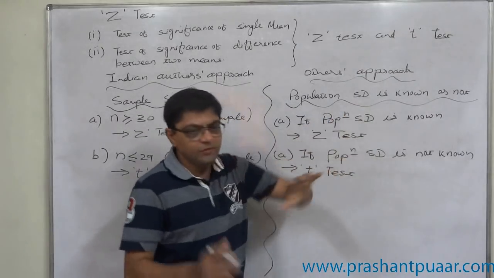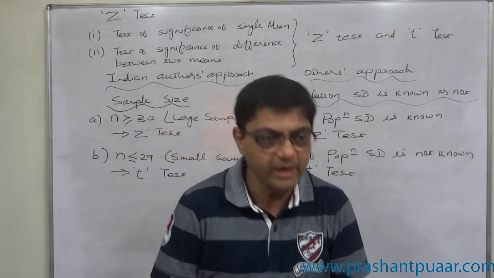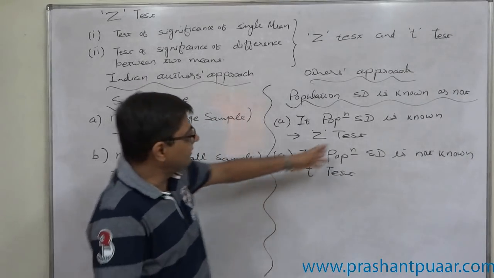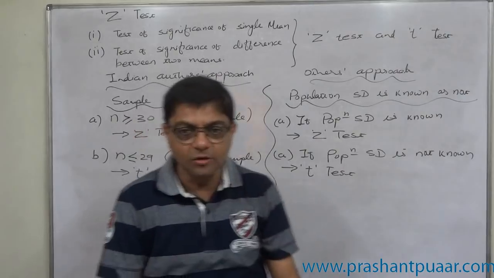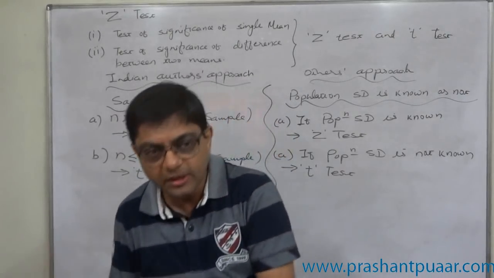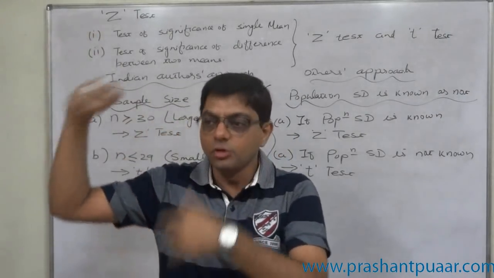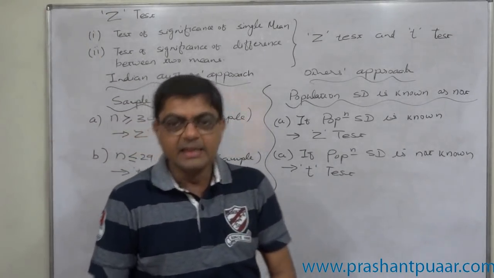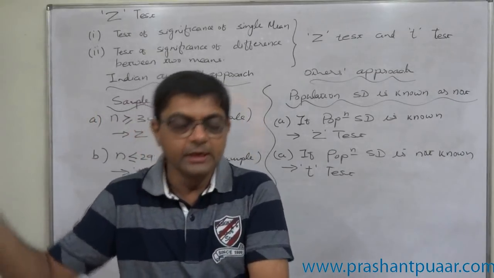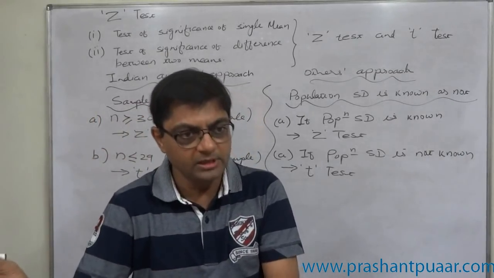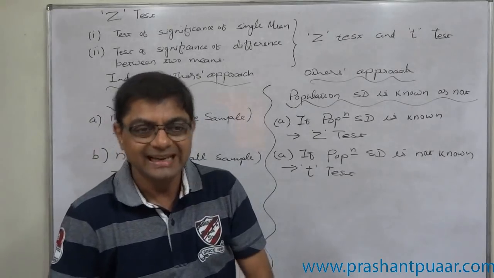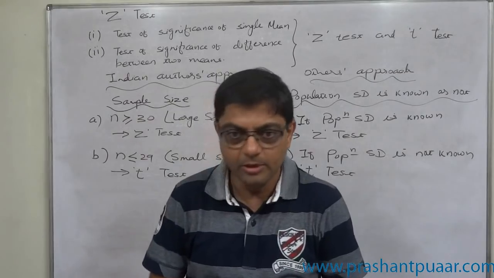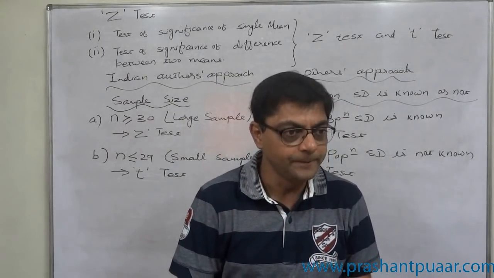Ultimately, if the history of the available population standard deviation or variance is studied, it might be a point estimation of the population standard deviation on the basis of any sample which was drawn in the past by any statistician or analyst, and then according to test of hypothesis it was accepted as the population standard deviation or variance, and today we are considering that it is available and so on.